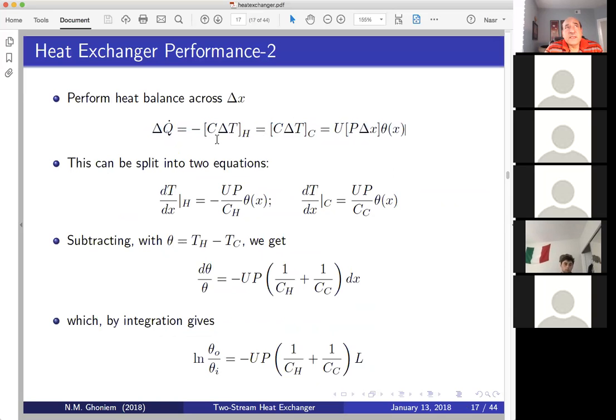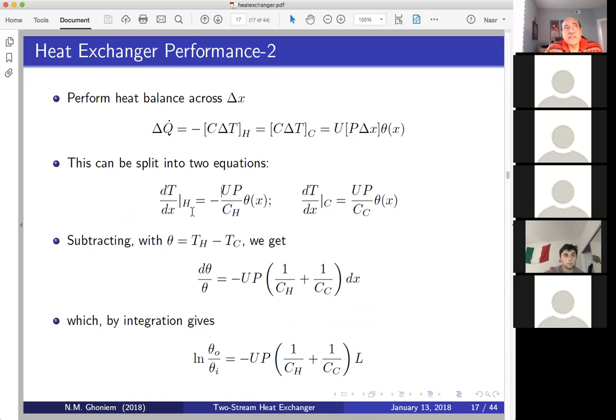And this I can split into two equations. If I take this part here and equate it to this side, and divide by delta X, I get dT by dx hot equal to minus, because I have a minus here, U times P divided by C, like I take C on the other side, C hot in this case, times theta.